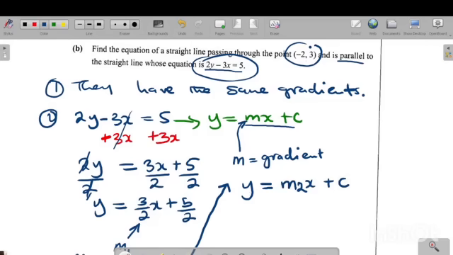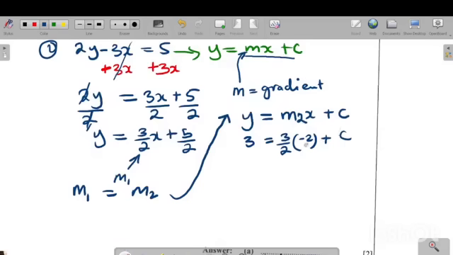So we're going to say where there is y, we put a 3 is equal to the gradient. We found that the gradient is 3/2. Then x is -2, plus c, which is the y-intercept. So we have 3 is equal to, we can cross cancel here, 2 into 2, 1, 2 into -2, you're going to have -1.